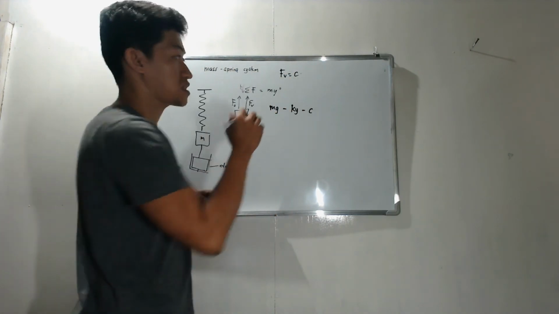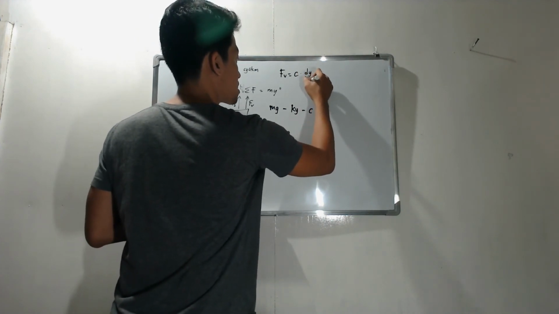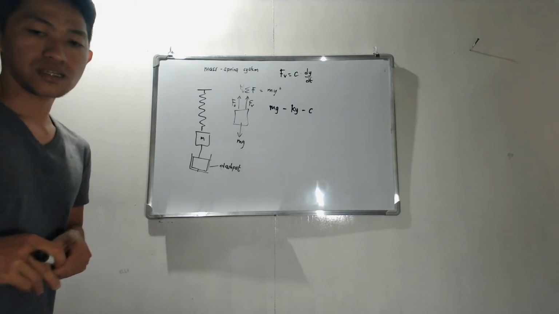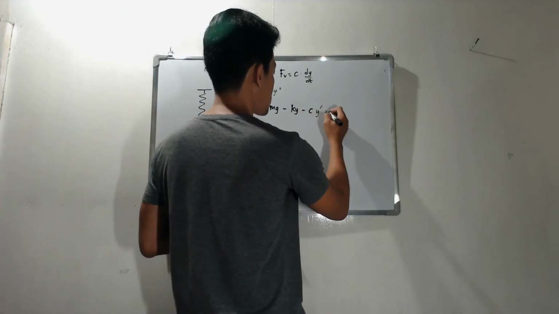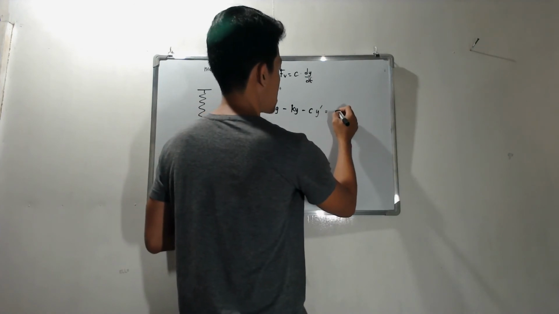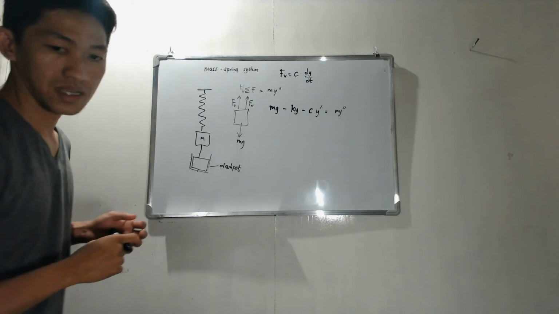What is the velocity? That is just dy over dt, so cy prime, is equal to my double prime.